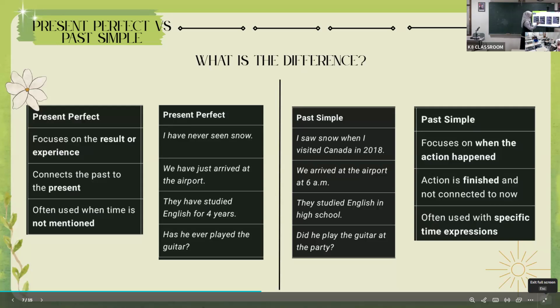And past simple, I saw snow when I visited Canada in 2018, has a specific time, 2018, and when the action happened, in Canada in 2018. Again, we have just arrived at the airport. No time is mentioned. And we arrived at the airport at 6 a.m. There's a specific time, and it is finished and not connected to the present.